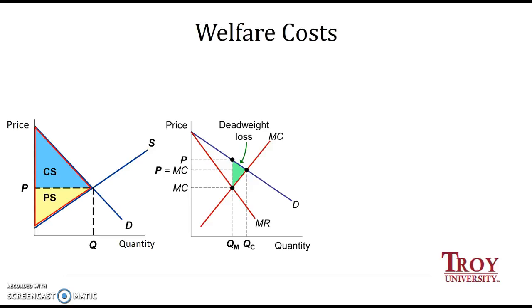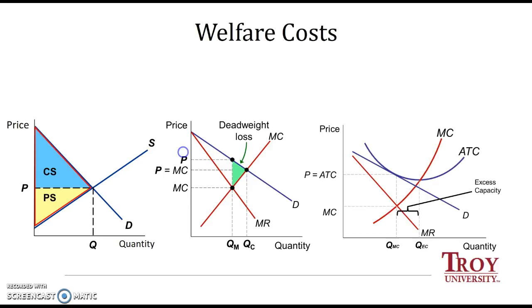Lastly, consider monopolistic competition. This is the same graph that was previously shown. Now a new item has been added, and that is excess capacity, the distance between QMC, the quantity that the monopolistically competitive firm produces, versus QEC, the efficient quantity, or we could also say the excess capacity quantity.